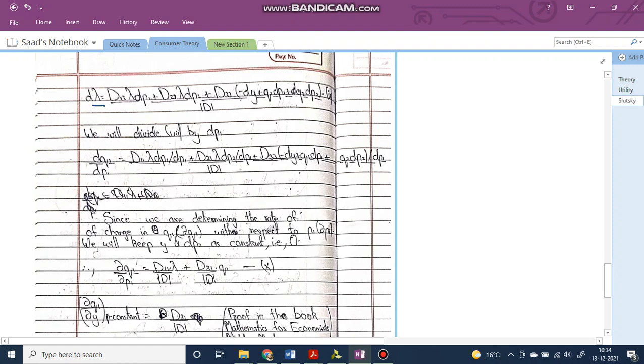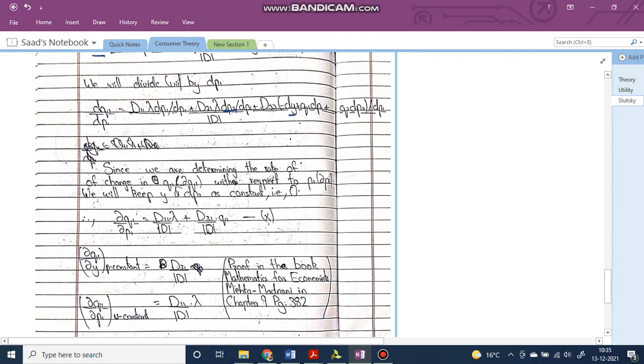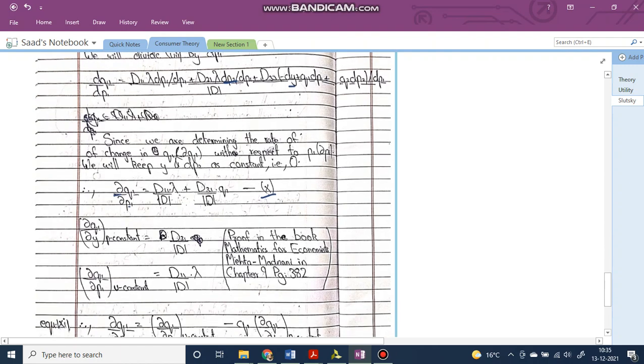So when we divide it with dp1 and take dp2 and y as constant, we will get our equation, which we will denote as equation 9, delta q1 upon delta p1 equals to d11 multiplied by lambda divided by determinant D plus d31 multiplied by q1 divided by determinant D.